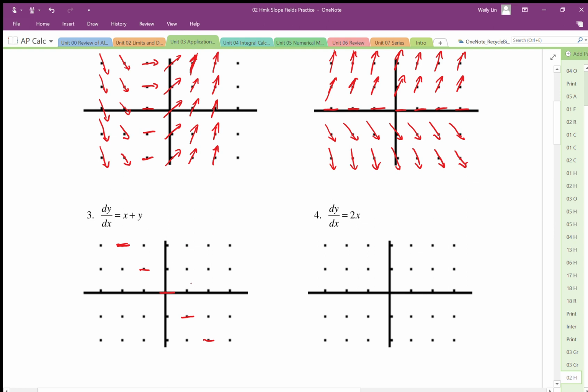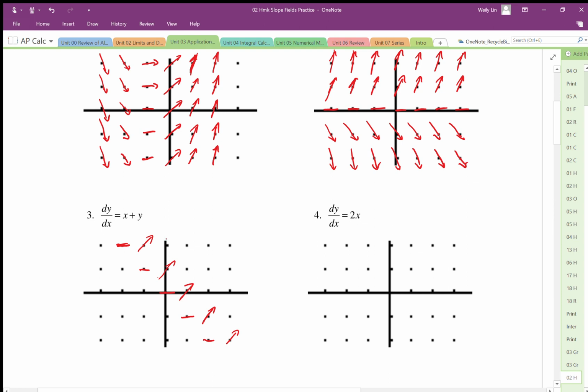At x equals 1, y equals 0, I get a slope of 1. At y equals 1, x equals 0, I get a slope of 1. In fact, along this diagonal line, at (2, -1) and (3, -2), I end up with slopes of 1.